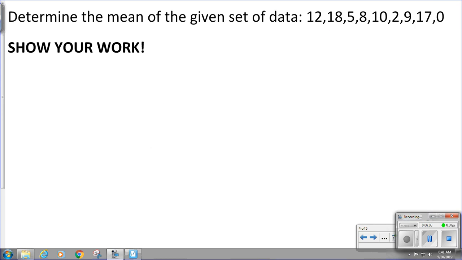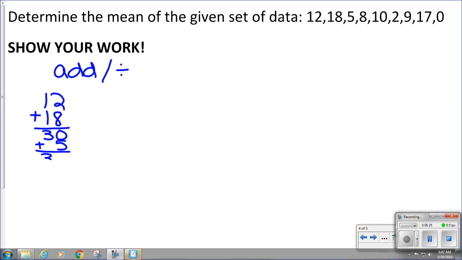Determine the mean of the given set of data. To find the mean, we add and then divide. When you are adding, you should never add more than two numbers together at a time. You should never make one long list. It's too much mental work and it leads to mistakes.